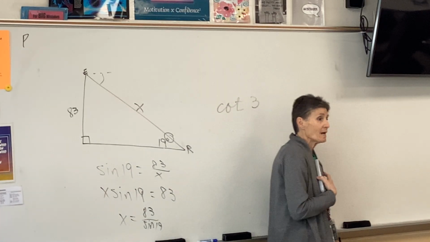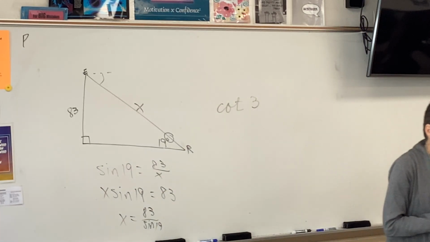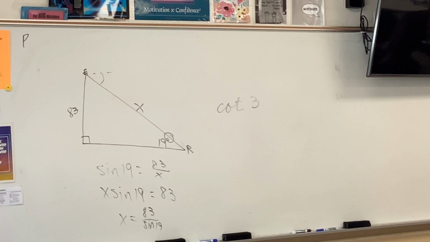So what do we have to do? 1 divided by tangent. Because what is cotangent? The reciprocal of the tangent. And if I said, what's the reciprocal of 5, wouldn't you say 1/5? So when I say, what's the reciprocal of tangent, it's 1 over tangent.